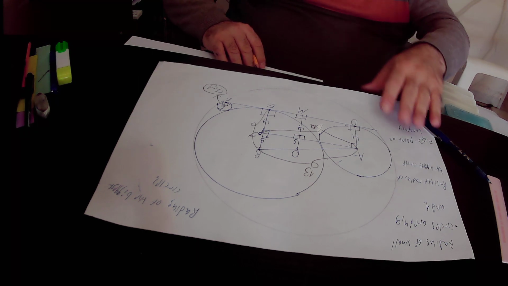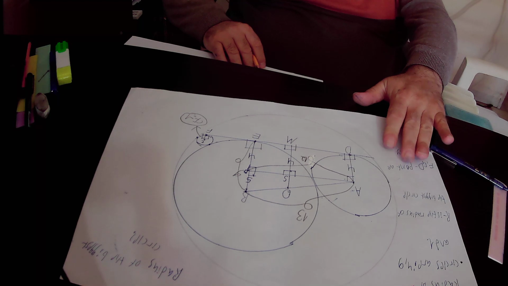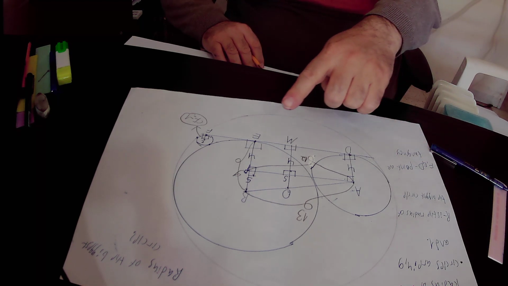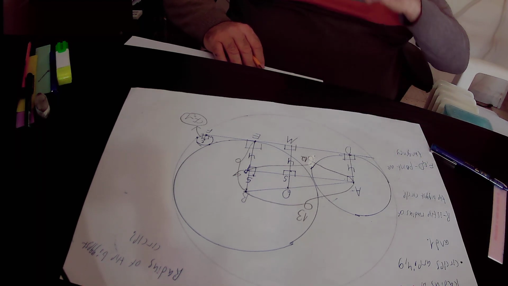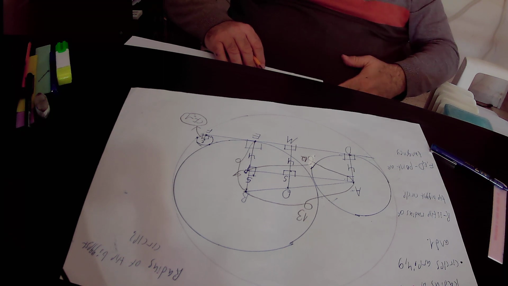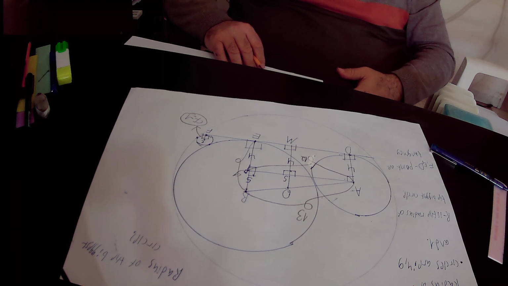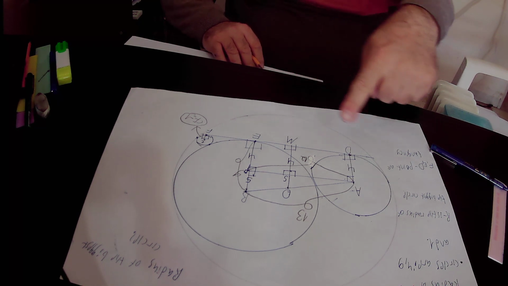And because quadrilateral APDE is a rectangle and the opposite sides of a rectangle are equal to each other, we conclude that AP equals DE.